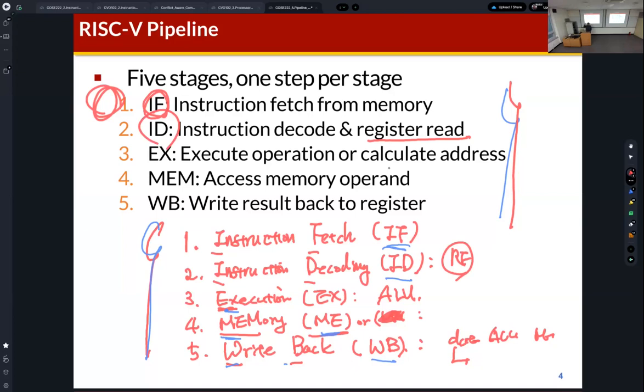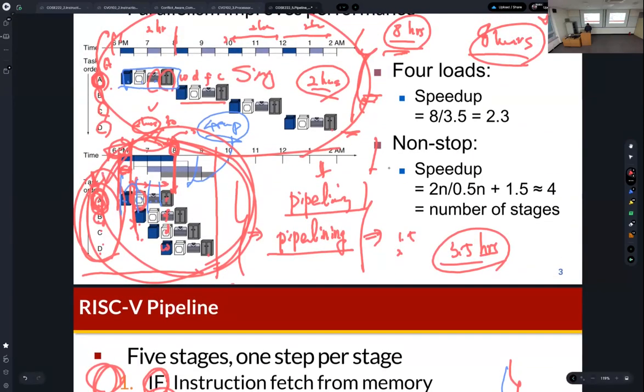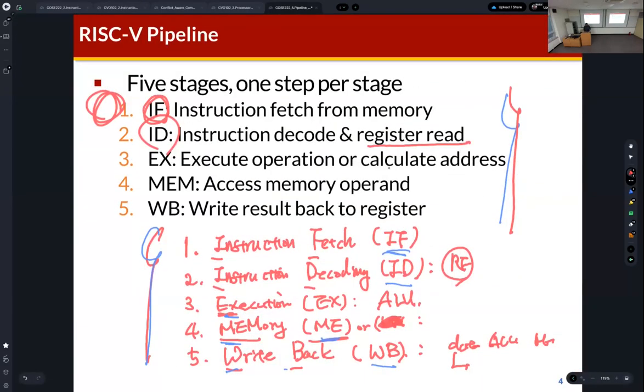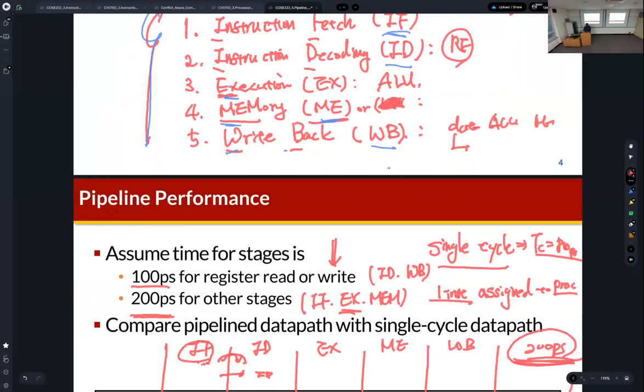But at the same clock cycle slot, the next instruction can be in the instruction fetch stage, like in this figure. So in the second time slot, different steps are performed for different tasks. So this is the pipeline.